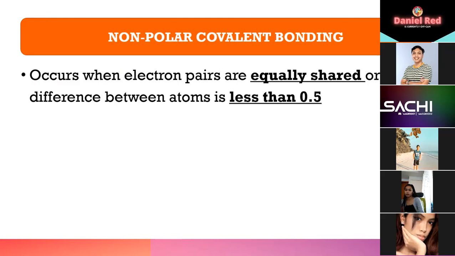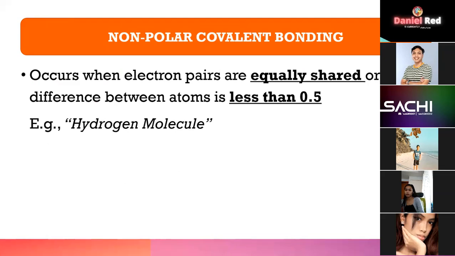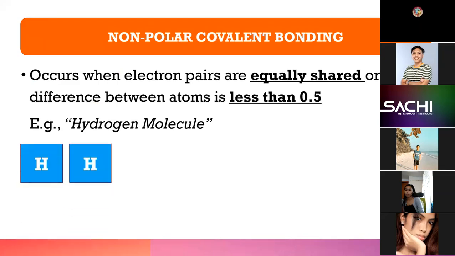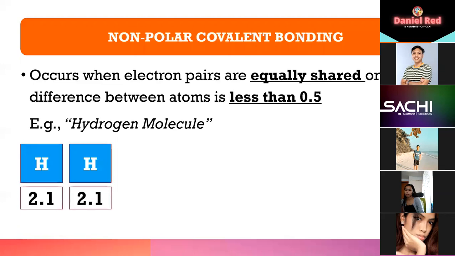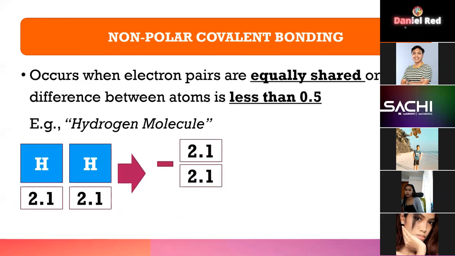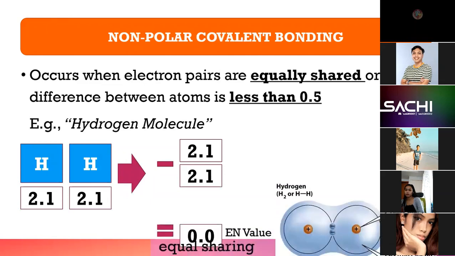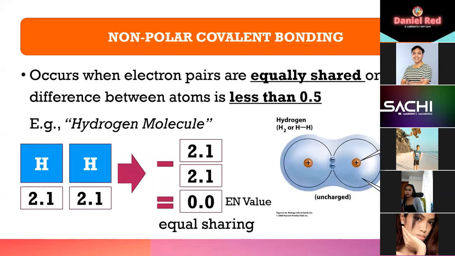So let's give an example. For this example, you have a hydrogen molecule. The hydrogen molecule has a formula of H2. So you have the element hydrogen, and hydrogen has an electronegativity of 2.1. Let's transform this data into a mathematical equation: 2.1 minus 2.1 equals 0.0.